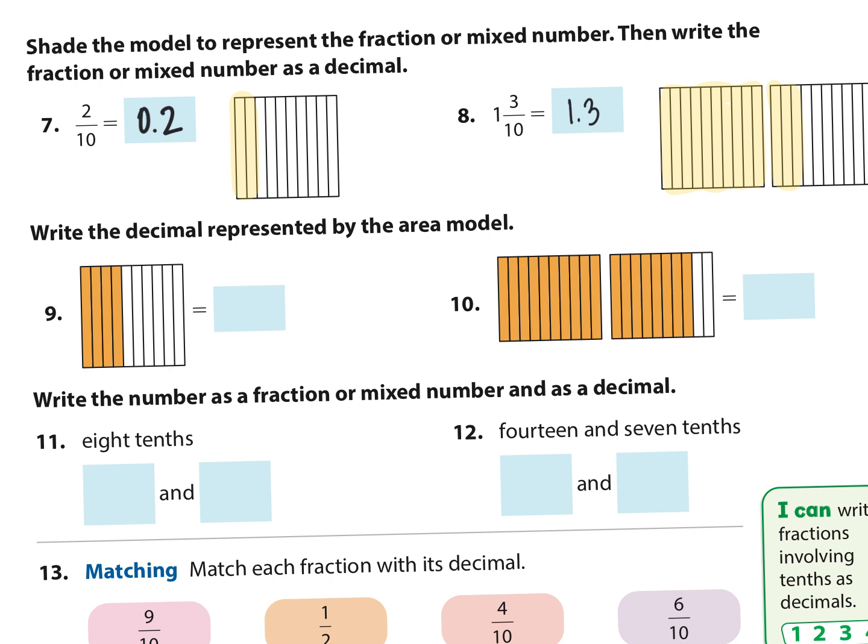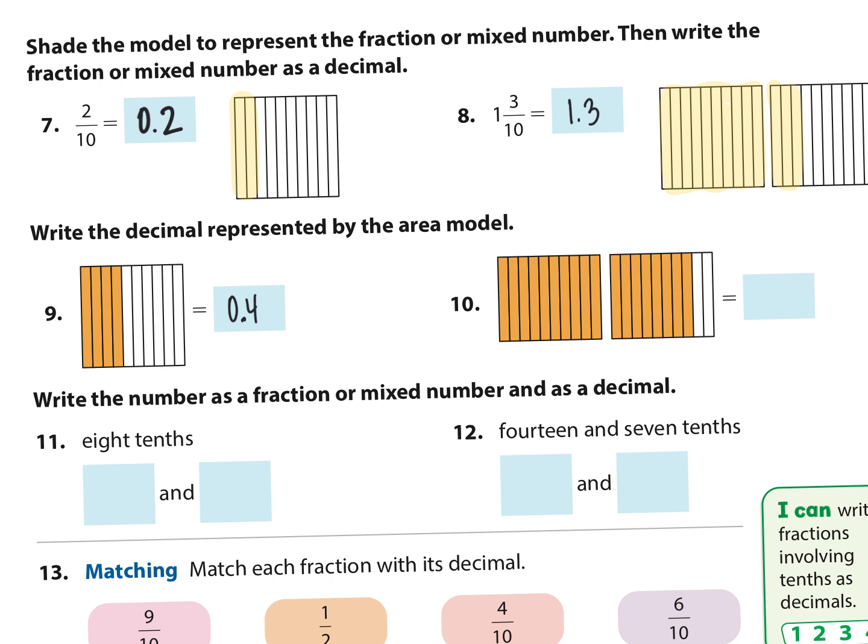Okay, what is the decimal represented by the area model in number 9? What's that decimal? How many are shaded? 0.4, because there's 4 shaded out of 10. So that reads 4/10. Okay, try number 10. Raise your hand if you think you know that answer and would like to answer out loud.